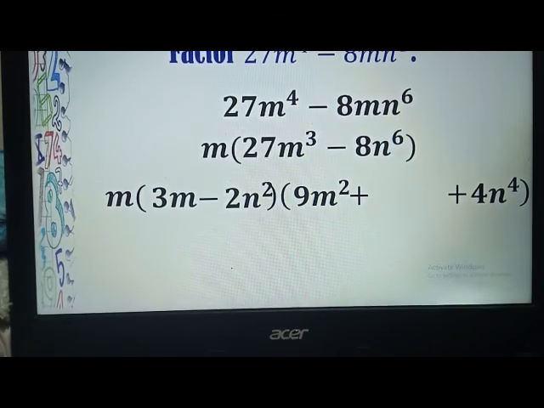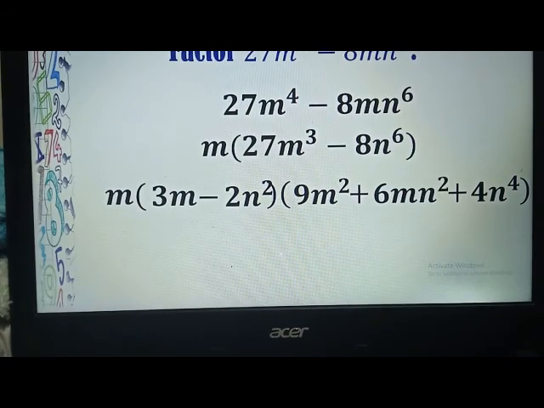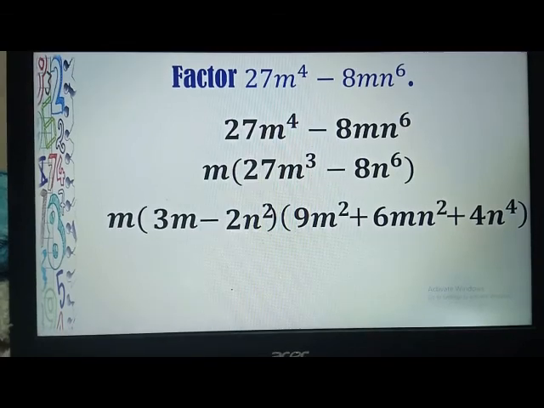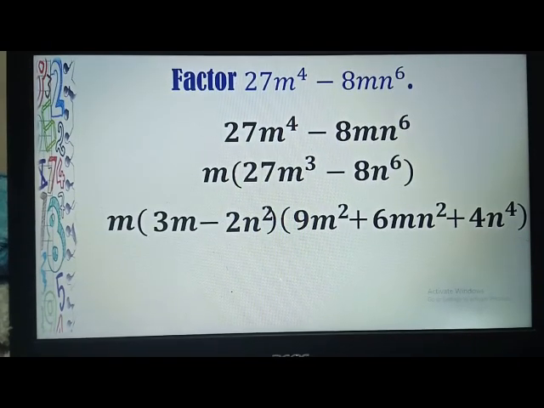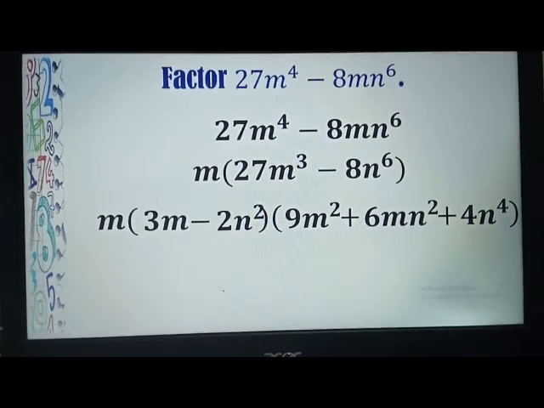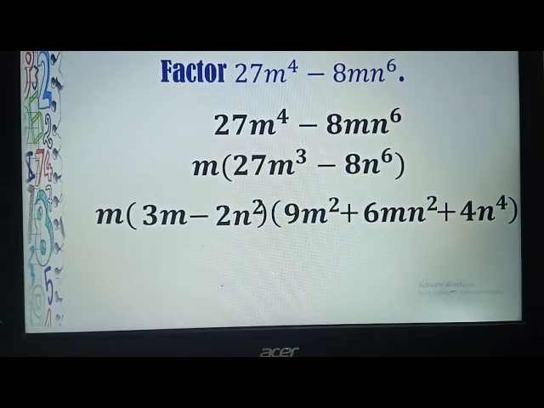For the middle term, we have 3 times 2, that is 6, and then m times n squared, mn squared. So the complete factor of 27m raised to 4 minus 8mn raised to 6 is m times 3m minus 2n squared times 9m squared plus 6mn squared plus 4n raised to 4.